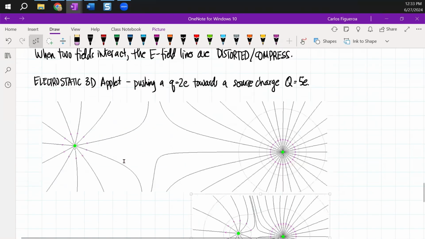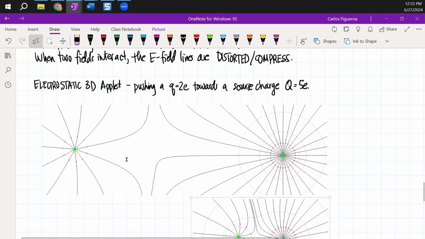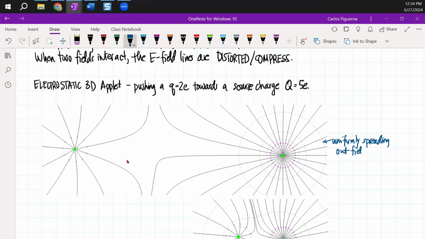So what you want to think about here is the distortion or the comparison of the field. Over here, note that these have uniformly spreading out field lines. But look where the field lines are changing.